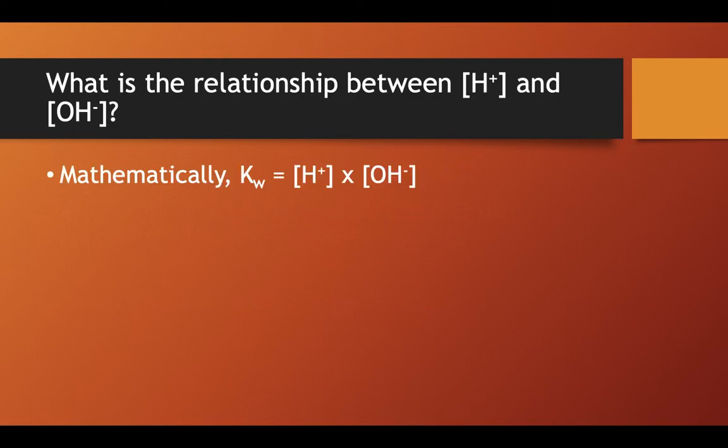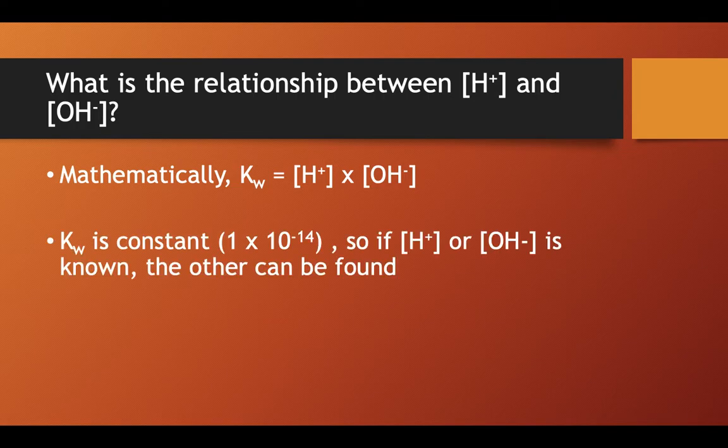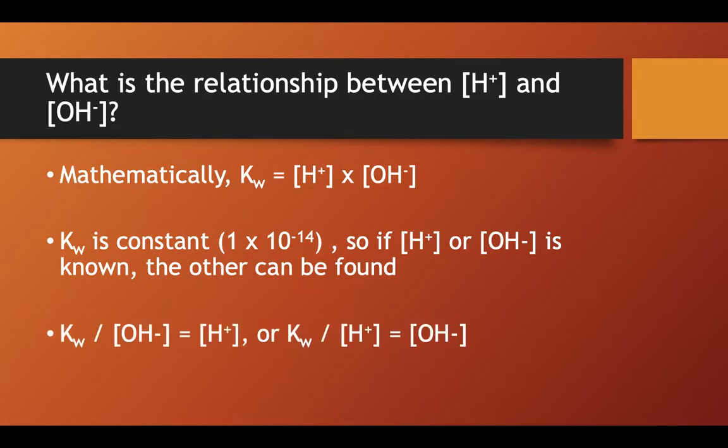Now, again, we know that the relationship between those two things is that Kw is the product of those two concentrations. And since Kw is always 1 times 10 to the negative 14th at room temperature, if I know one of those concentrations, I can use Kw to find the other. We can take Kw and divide it by the hydroxide ion concentration to find the hydrogen ion concentration.